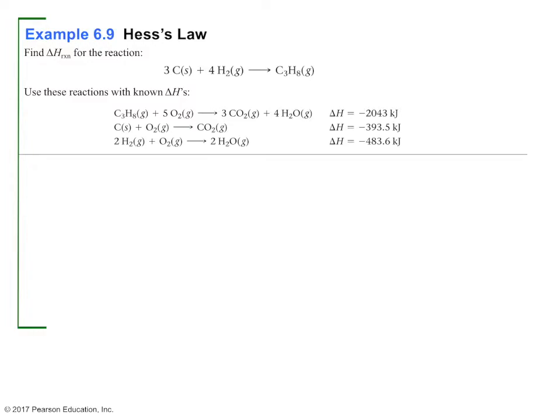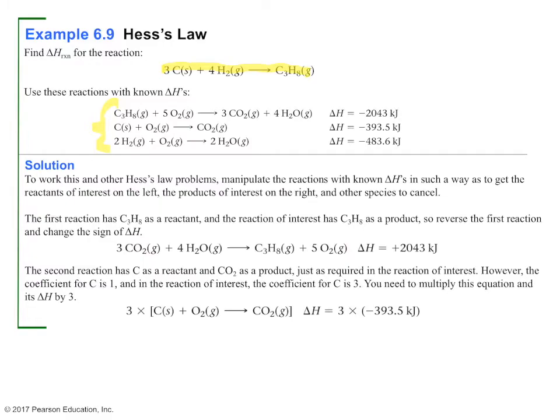In order for this reaction to occur, several different reactions happen, and those are these reactions right here. To work this and other Hess's law problems, manipulate the reactions with the known delta H's in such a way as to get the reactants of interest on the left and the products of interest on the right, and other species to cancel.